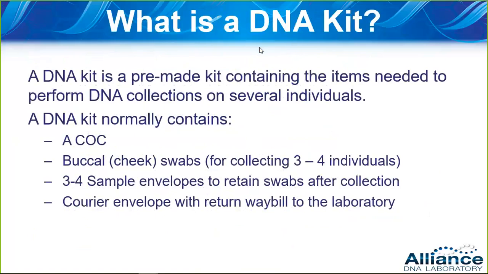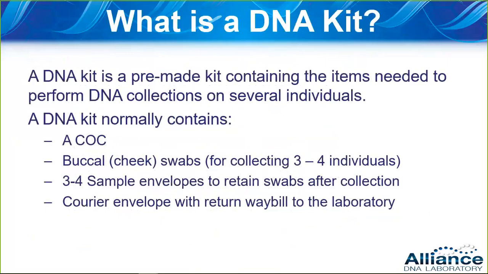What is a DNA kit? Well, a DNA kit is a pre-made kit containing the items needed to perform DNA collections on several individuals. A typical DNA kit contains a COC, chain of custody, buccal swabs for normally collecting 3 to 4 individuals, sample envelopes, usually 3 or 4 of these, to retain the swabs after the DNA has been collected from each individual, and each individual's swabs need to go in their own separate envelope.